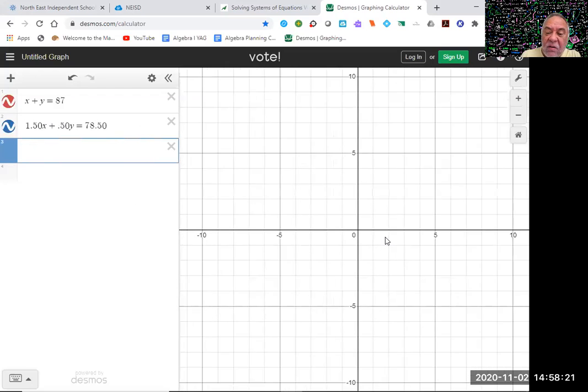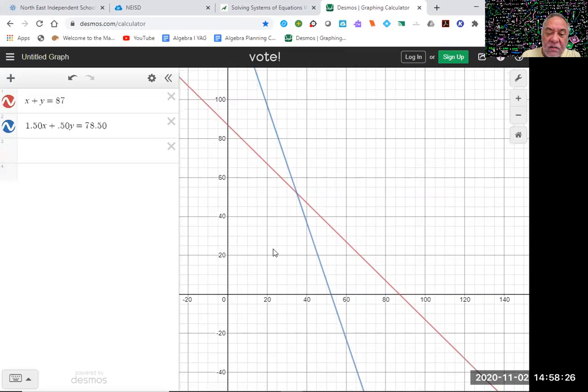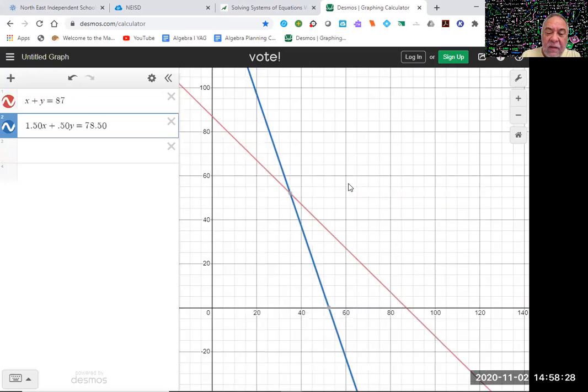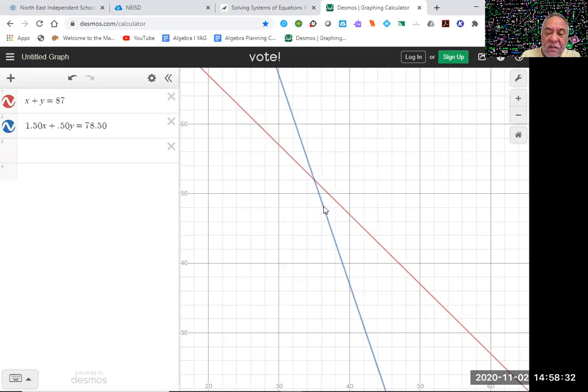But we're on a scale that's too small, so we have to expand out to see where they intersect, and there they are. So if we close in and see where they intersect, you usually have to click on one of the lines to give you that dot, and there it is. x is 35, y is 52. So x, which is the hot dogs, they sold 35, and they sold 52 sodas.